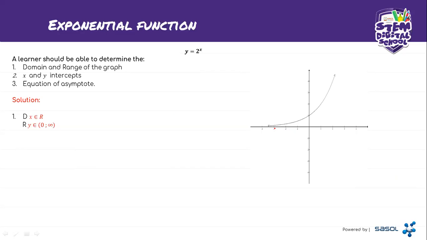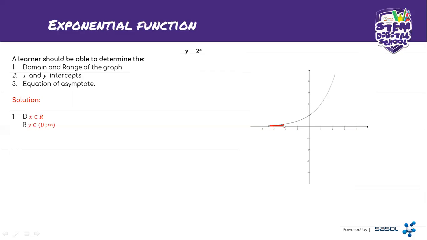As asymptote. It's very clear this x-axis here is going to act as asymptote, because this graph of exponential is approaching it. You can see the graph is approaching it, but it will never pass through this line or touch this line, right? Because the graph is not defined there.